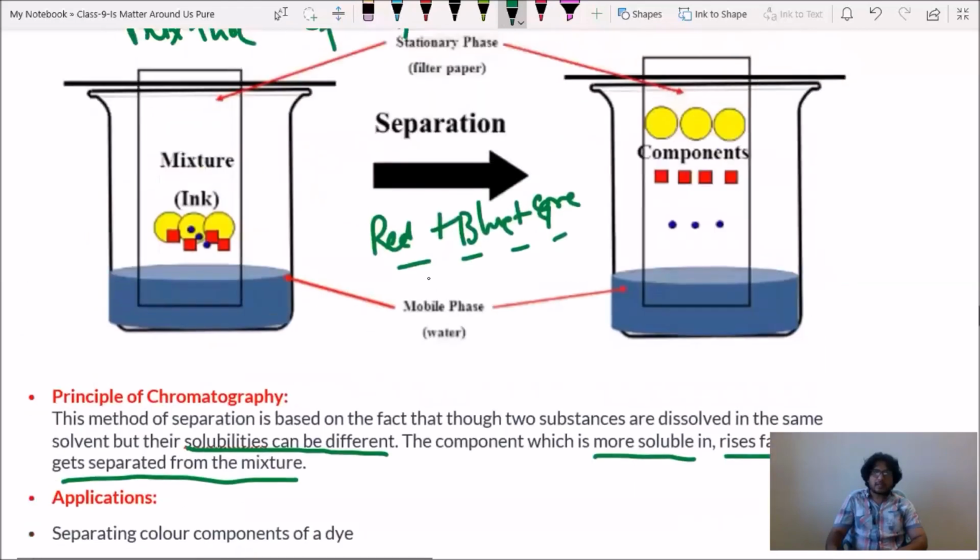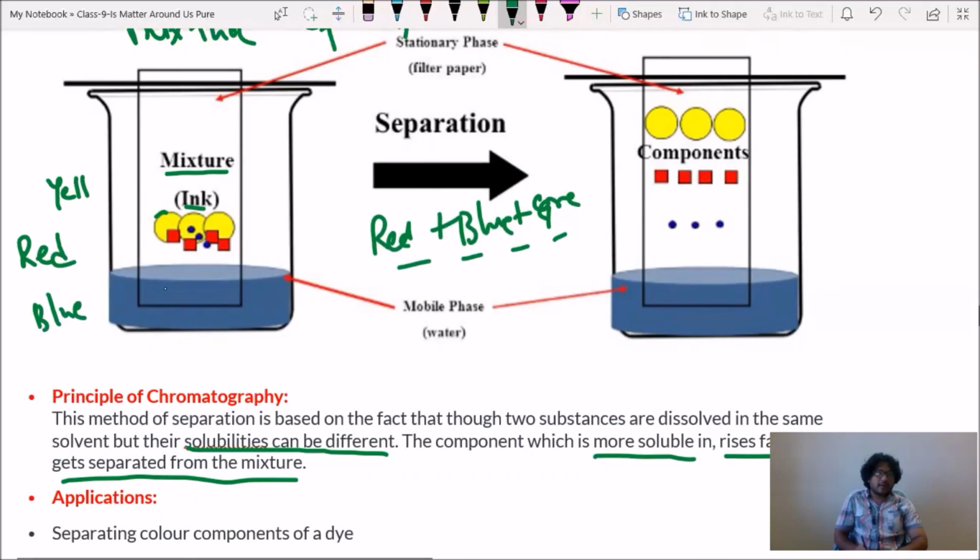Here you can observe, this is the diagram where you have taken a mixture of ink. Consider that yellow color, blue color, red color we have mixed. Yellow is in round shape, red is in square shape, blue is in small dot shape.